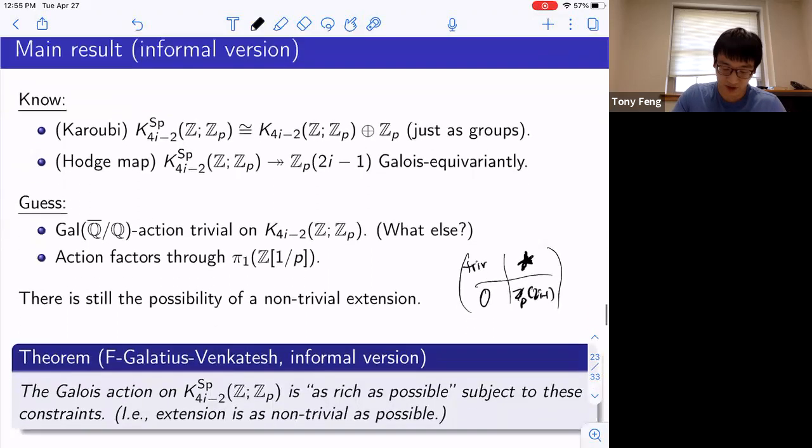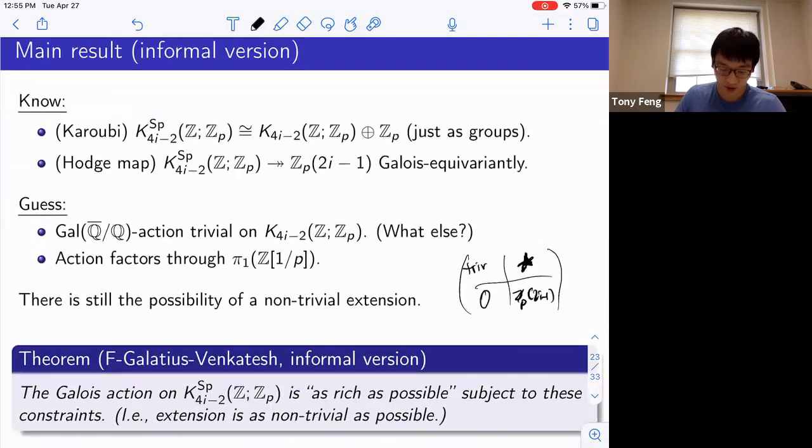And the statement of the theorem, somewhat informally, is that the action is as rich as possible subject to these constraints above. In particular, the extension is as non-trivial as possible. So, for example, if there exists a non-trivial Galois extension of this form, then the one that you see in symplectic K-theory is non-trivial.